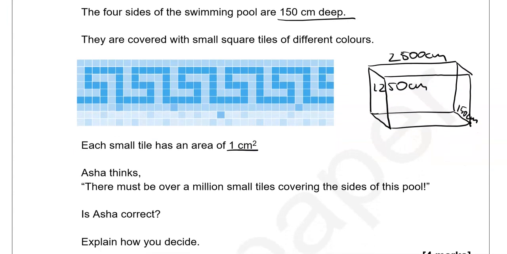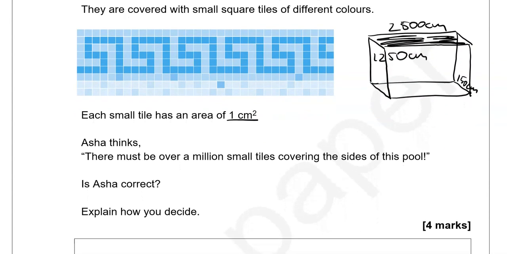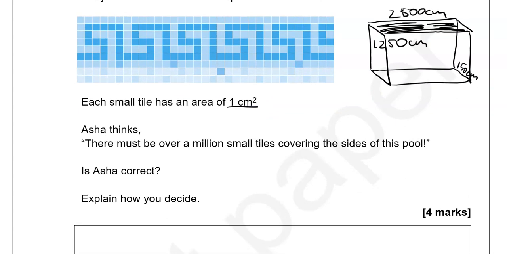So if we look at each of the sides of the swimming pool, let's take this one first. The dimensions of that would be 2,500 centimeters by 150 centimeters.